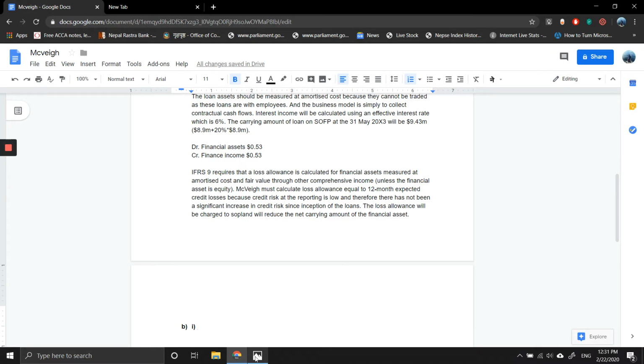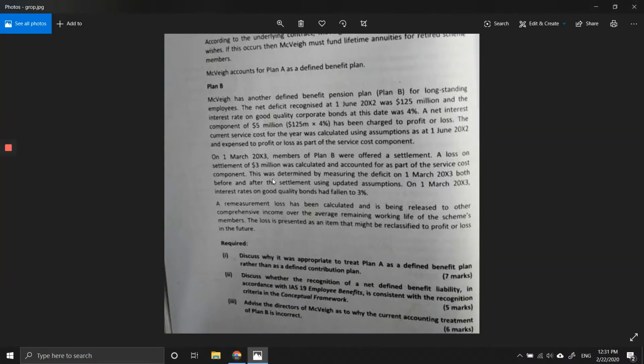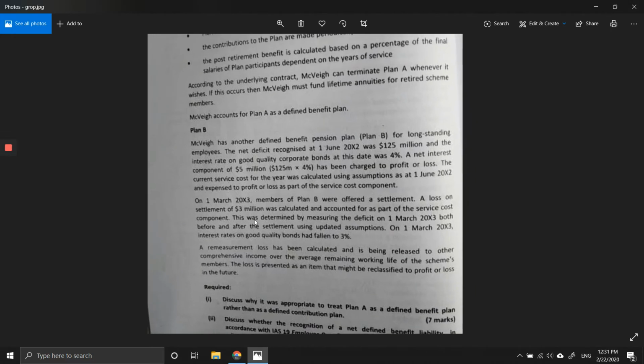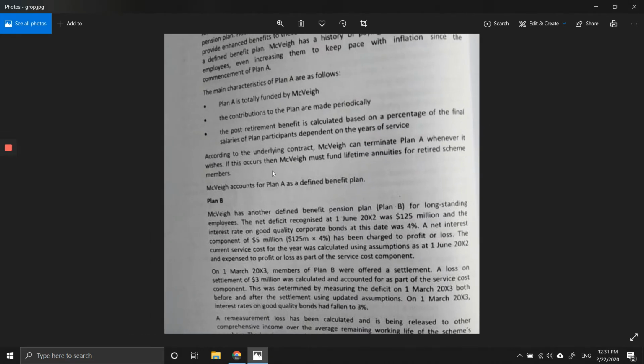First things first, why Plan A was treated as a defined benefit plan.